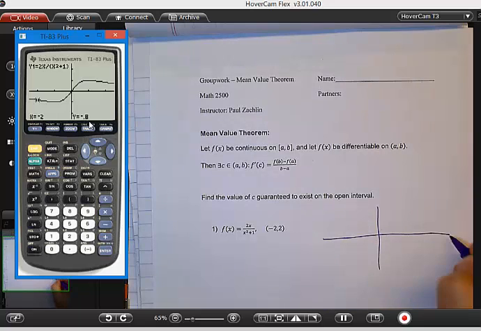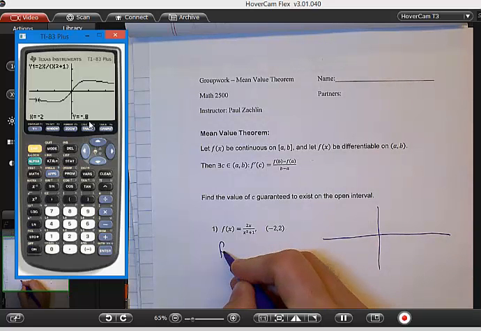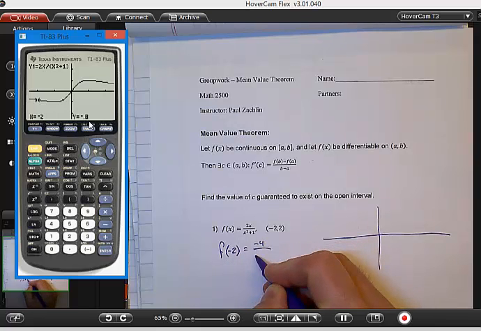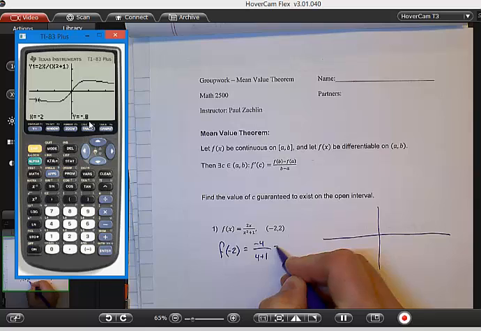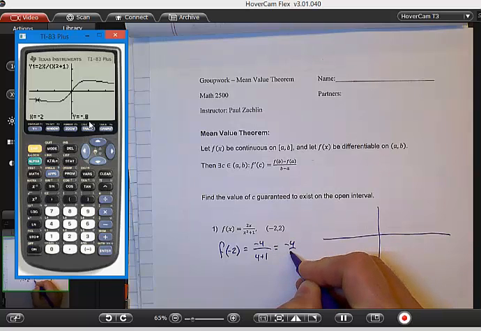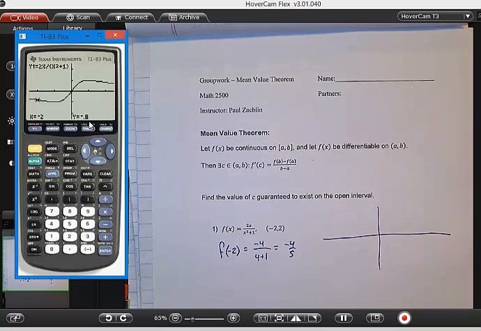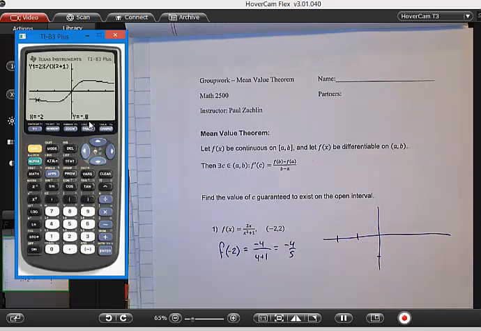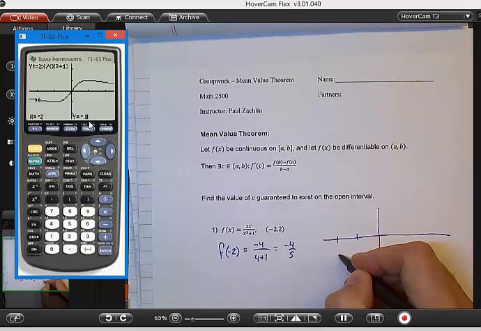So if I computed f of -2, that would be -4 over 4 plus 1, -4/5, which is -0.8, right? So here's -1, here's -2. The output is not quite to -1. It's about right there.